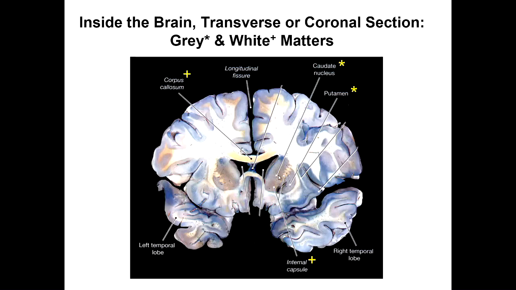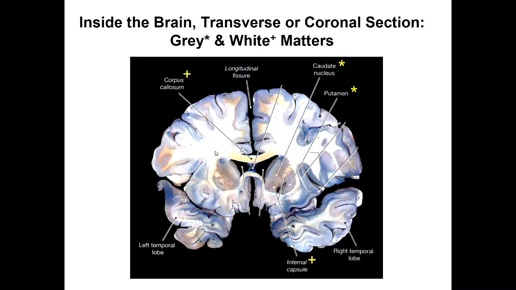Here, deeper in the cerebrum, is a big chunk of grey matter here and here. These are two large nuclei of the basal ganglia. They're known as the caudate and putamen nuclei, but you don't really need to know that. And then you can see the white matter, here on the inside of the cerebral cortex.